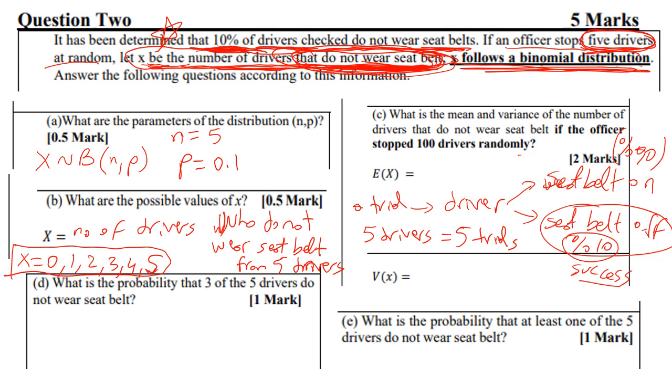What is the probability that 3 of 5 drivers do not wear a seat belt? Here the probability formula for the binomial distribution is this.